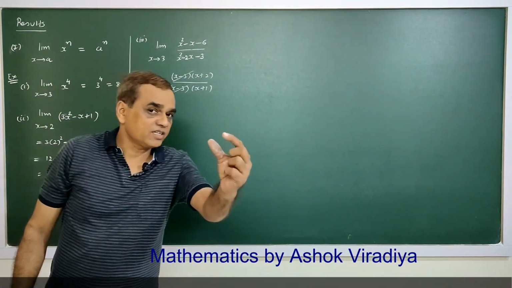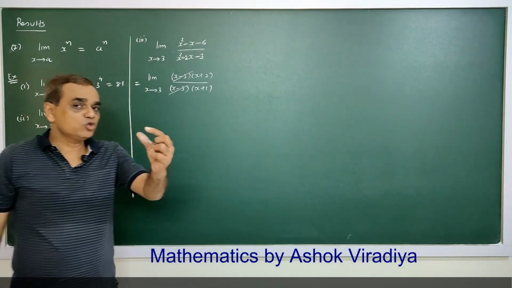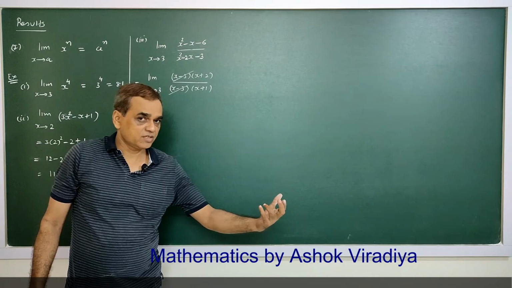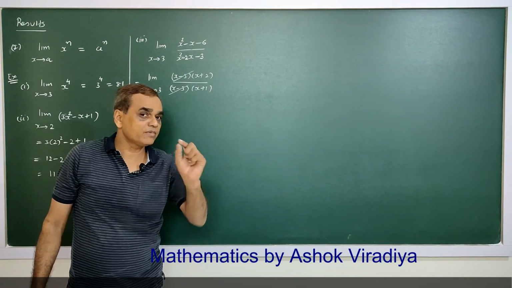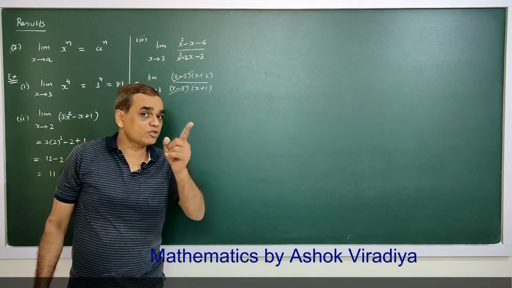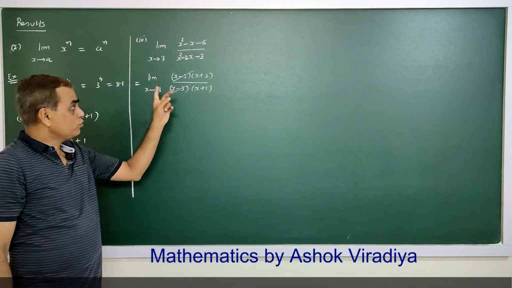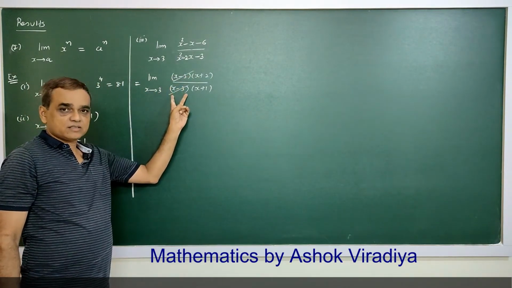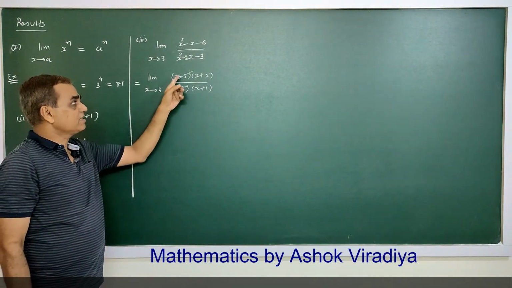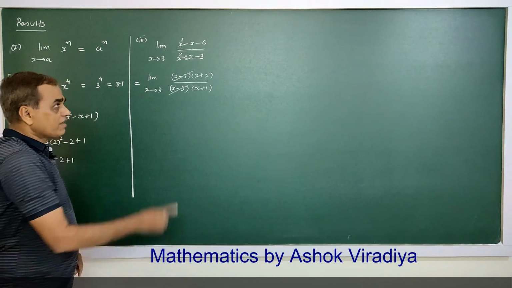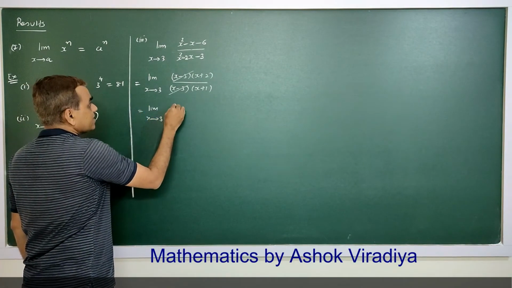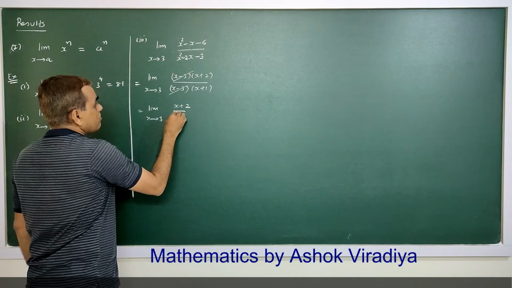Something will be cancelled, due to which the problem was produced. Here what was the problem? 0 in the denominator, that was the problem, and it was produced due to this factor. So the reason for the problem is cancelled. Now whatever is left, put as it is, x plus 2 upon x plus 1.